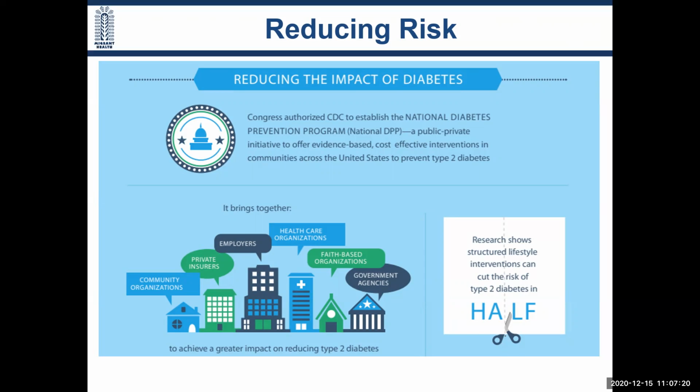That includes community organizations, people who may pay for the program, like private insurers and employers, healthcare organizations like those of you that are on the webinar today, as well as faith-based organizations. And then at the government level, that includes bringing together government stakeholders like the state departments of health or local health departments and other government entities.